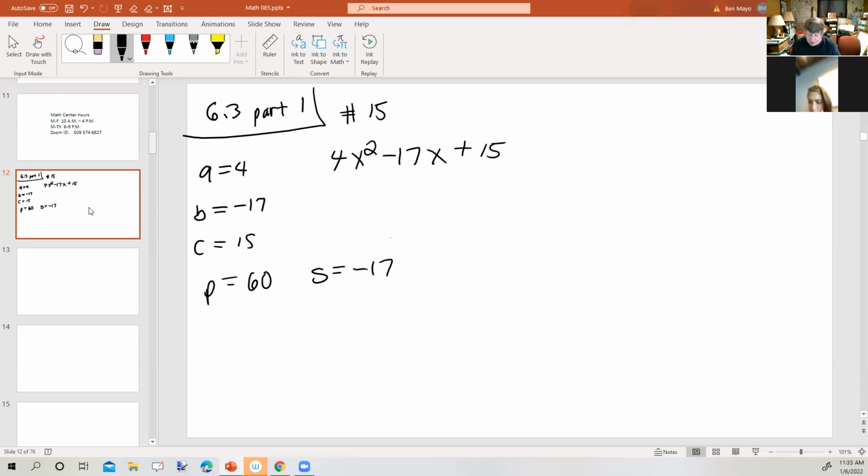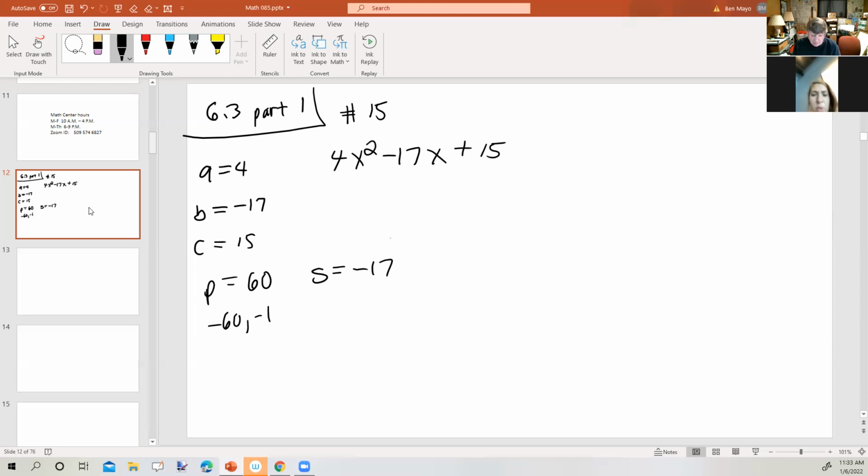Let's consider the signs. To get a positive product, we have to have two numbers that are both positive or both negative. But if they were both positive and we added them together, we couldn't get a negative sum. So we need two negative numbers, all right? So I'm going to start with negative 60 and negative 1.